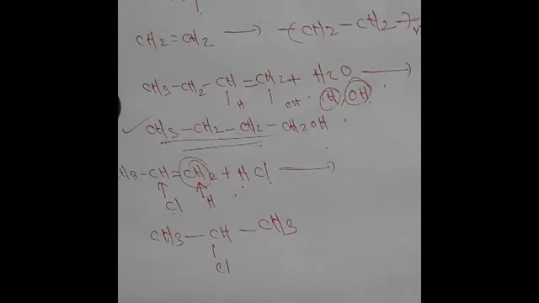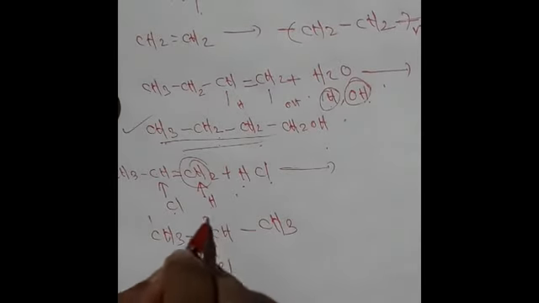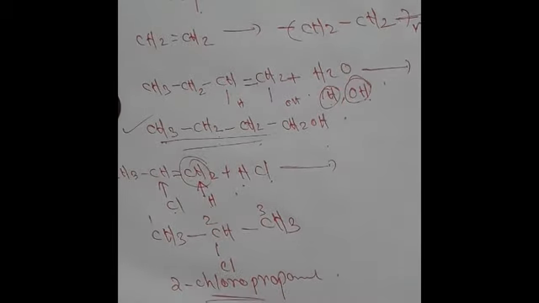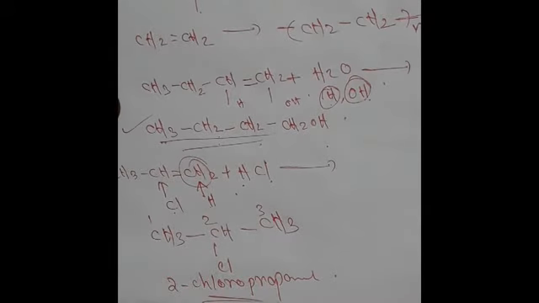Name of this product: 2-chloropropane. In the second carbon there is chlorine, so 2-chloropropane is the name of this product.